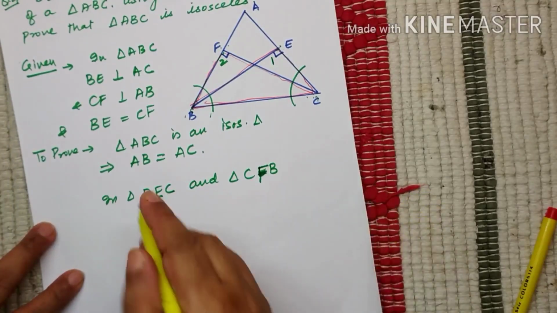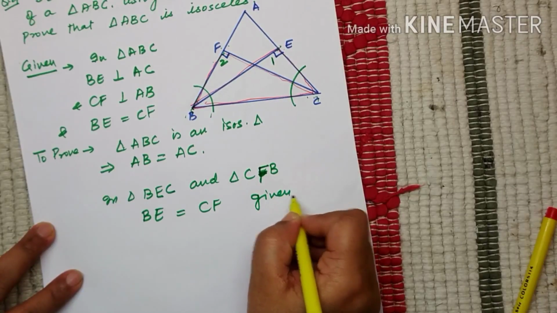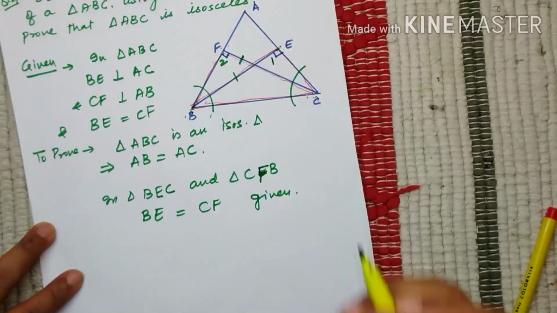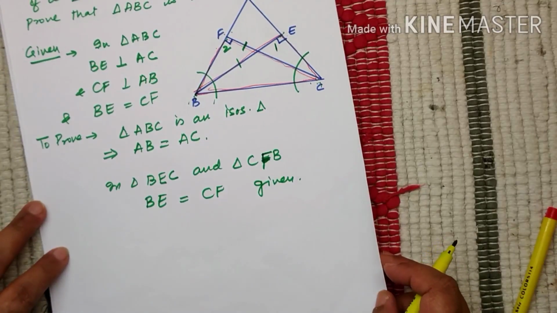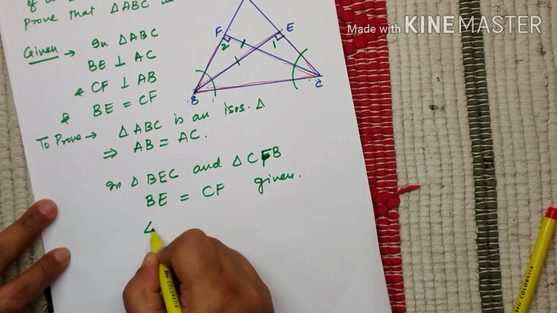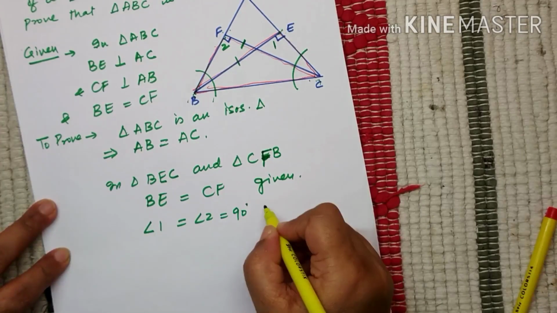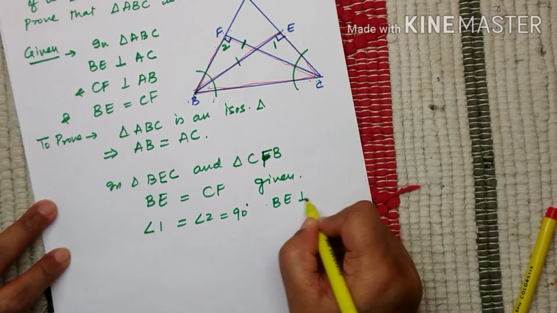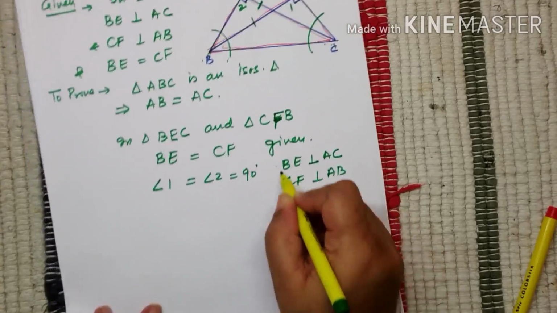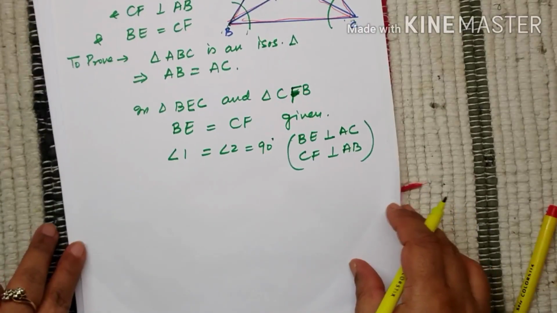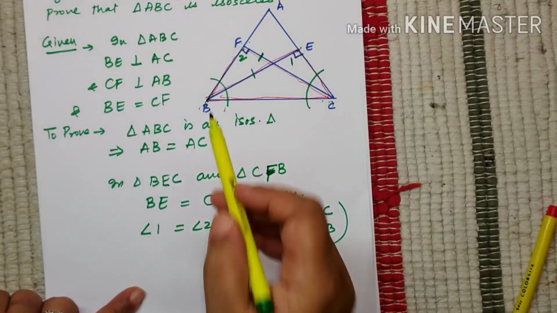Now in BEC, BE is equal to CF. This is given, altitudes are equal, given. Next, what do we have? Angle 1 is equal to angle 2 equal to 90. Why? Because BE is perpendicular to AC and CF is perpendicular to AB. These are given in the question that they are perpendicular. What else? Third thing.